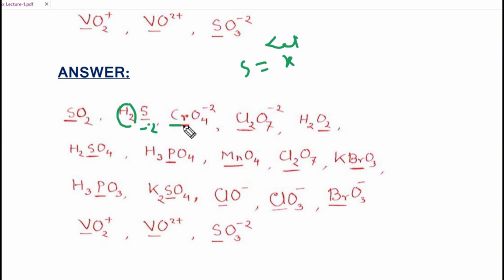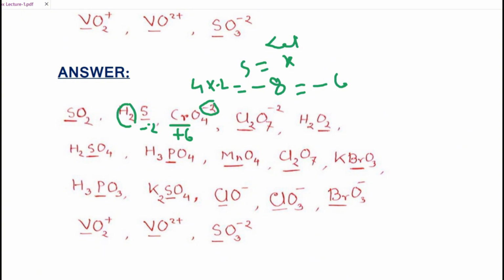Now here chromate ion 4 oxygen, so 4 to the -8, there are 2 minus here, so if you subtract it, you will get -6, so chromate will be +6.